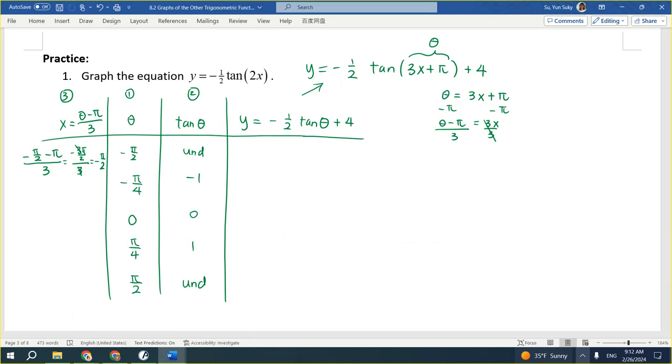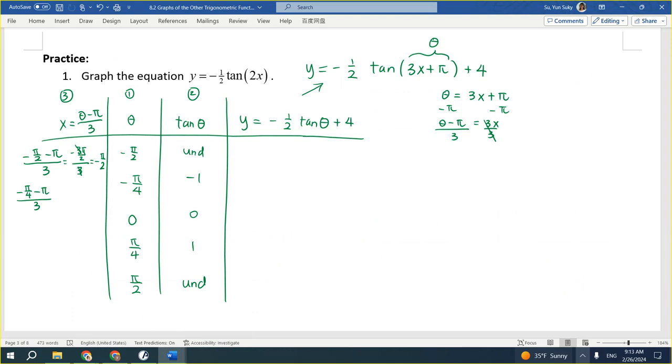Okay, continue. Next one, theta is negative pi over 4. And we plug in negative pi over 4 minus pi, over 3. So everybody take notes. Do you have a piece of paper? If you don't bring your worksheets, take out a piece of paper and take notes.